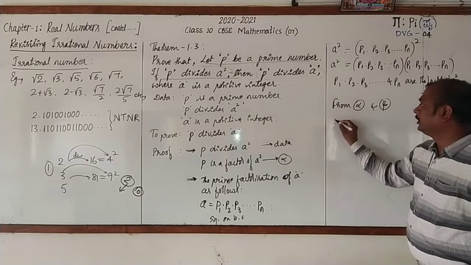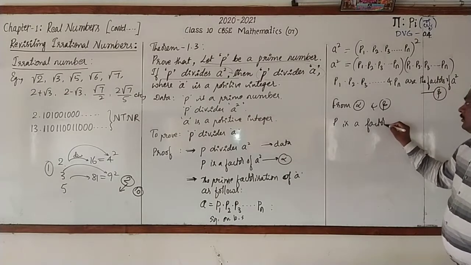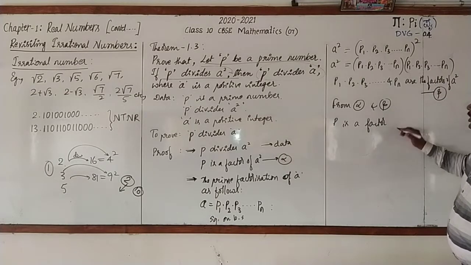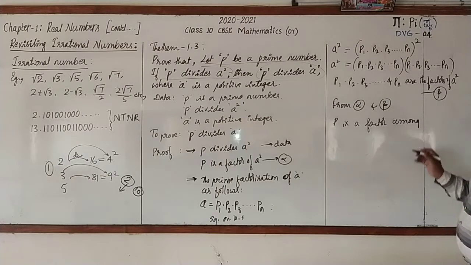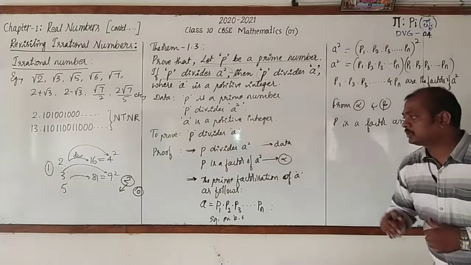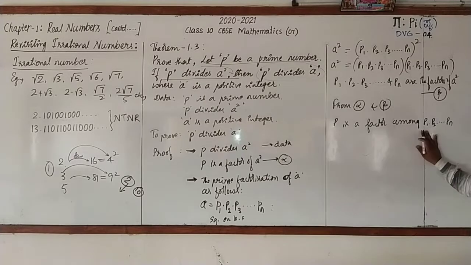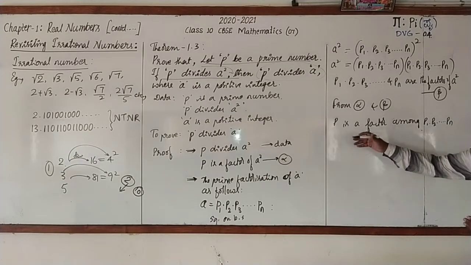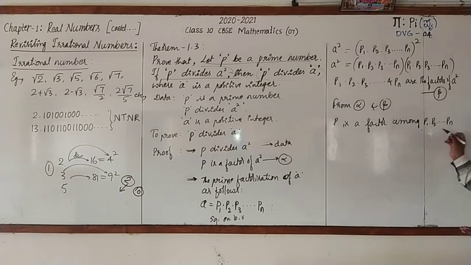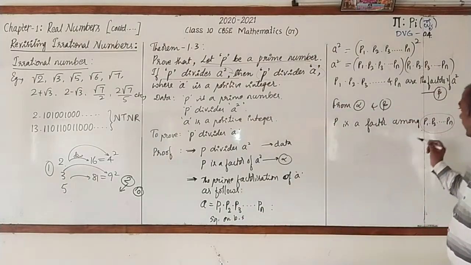Alright. P is a factor among what? P1, P2, P3 and so on, Pn. Right? Now come to that point. Look here. P is one of the factors among these. And we all know that these are the factors of what? A. Right?